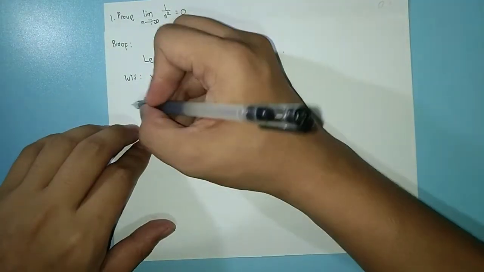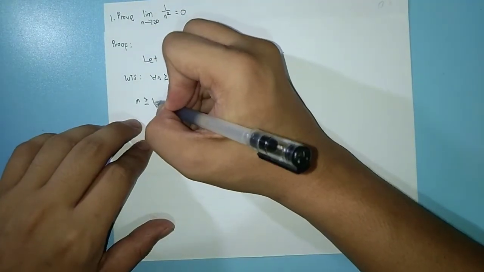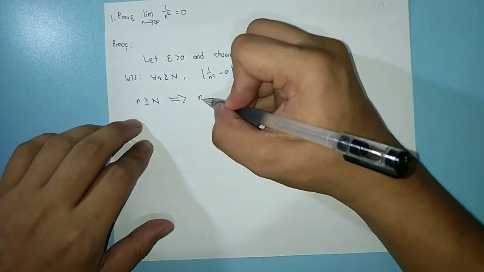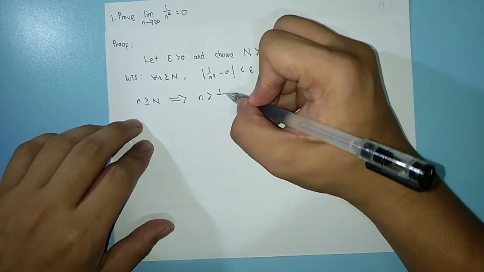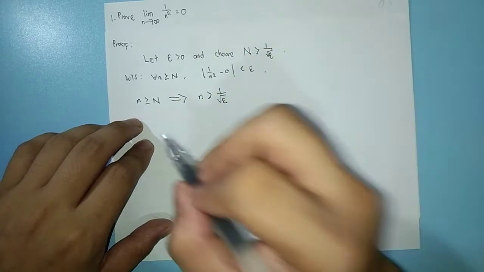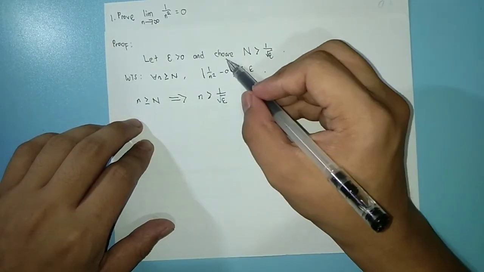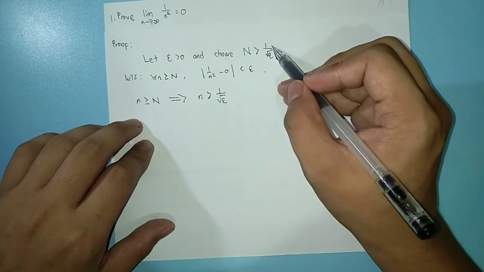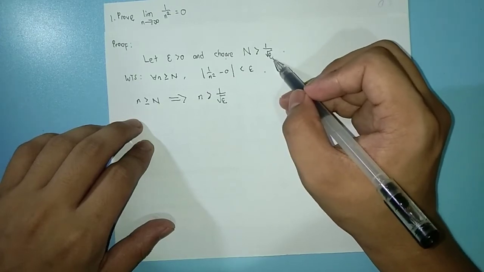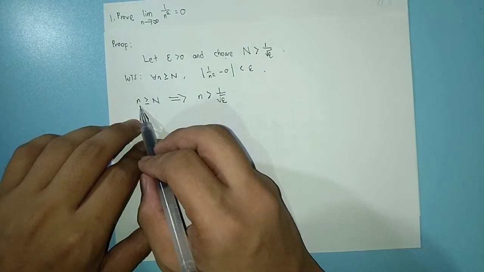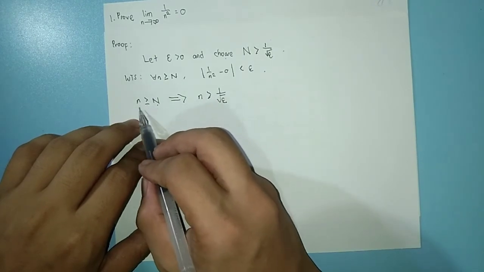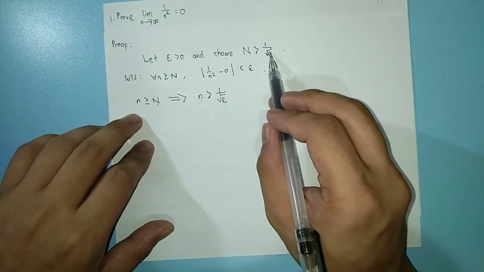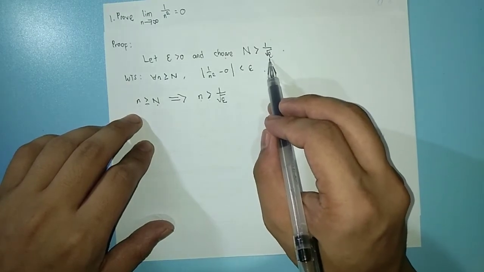Okay? Now, n greater than or equal to large N implies n greater than 1 over square root of epsilon. Kasi, yung large N natin, pinili nga natin large N is yung natural number na greater than 1 over square root of epsilon. So, kung yung small n greater than or equal to large N, then, of course, yung small n na to ay greater than 1 over square root of epsilon.